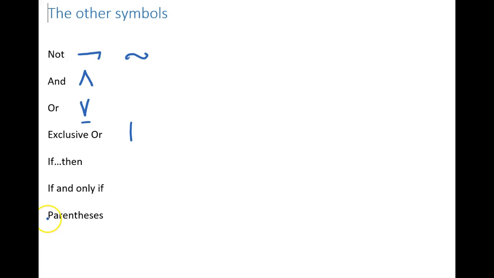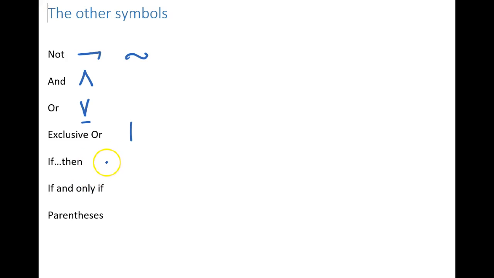The exclusive or, on the other hand, means either this or that, but not both. So think about situations where or would be used exclusively. Somebody may be offered two alternatives, but they can only pick one. Whereas in some cases, or is used inclusively. It means either this or that or both.